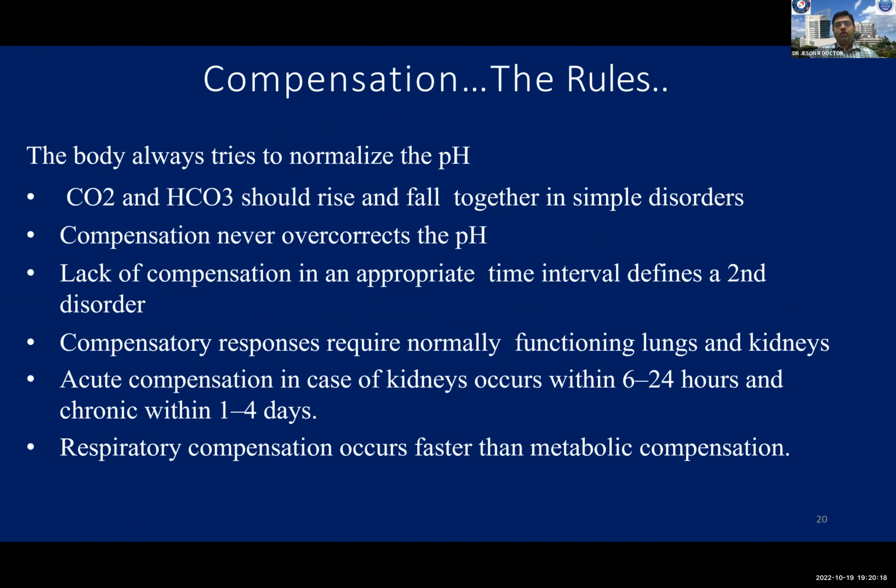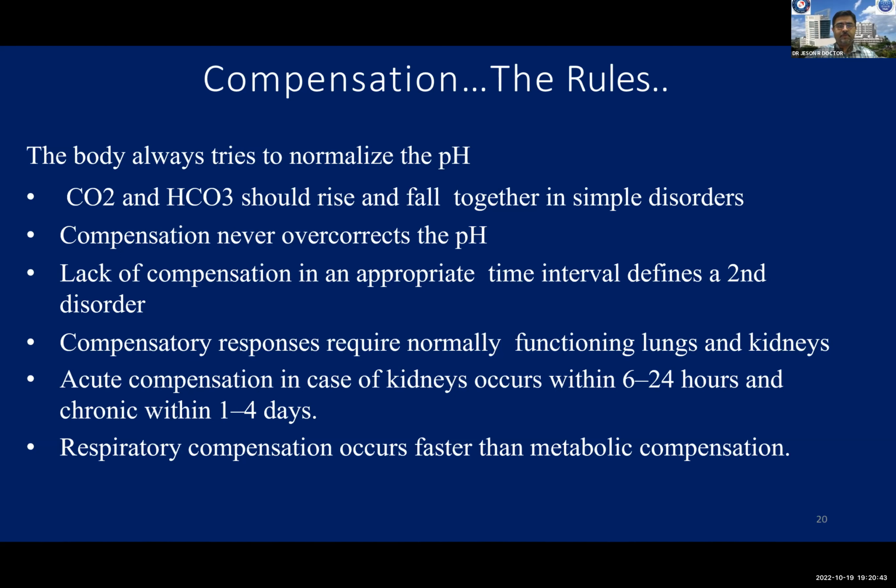Now, before I move on to step 3, 4, and so on, we'll discuss what is a compensation. What do you mean by compensation? The body always tries to normalize the pH back to normal, but the compensation never returns the pH back to normal or overcorrects the pH. The carbon dioxide and bicarbonate should rise and fall together in simple disorders.